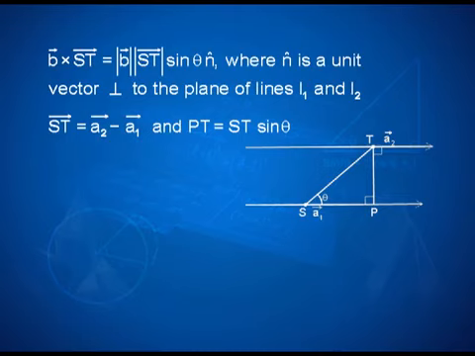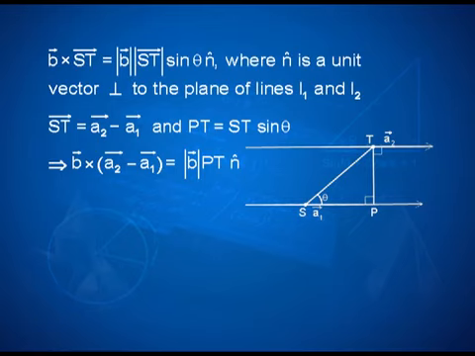Using just trigonometry in the triangle SPT, the distance PT is nothing but ST sine theta. So, I need to now use this, and replacing in the relation B cross vector ST, I get B cross a2 minus a1 is equal to magnitude of the vector B into PT, because magnitude of vector ST is same as distance ST. So, ST sine theta gets replaced by the distance PT times the unit vector.